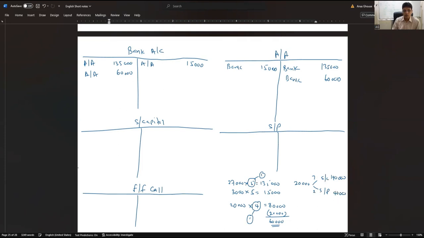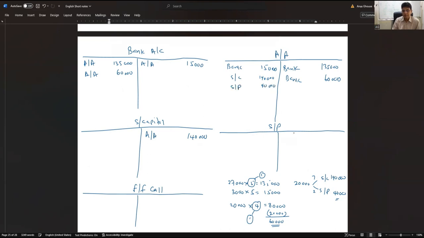Okay, so the application and allotment account will be debited 140,000, and the share capital account will be credited 140,000. Then share premium 40,000 to be debited to the application and allotment account.